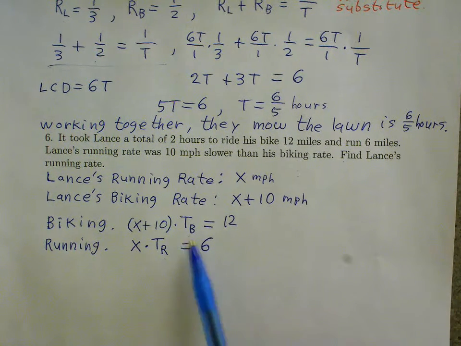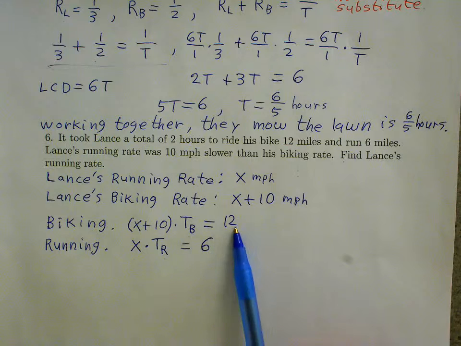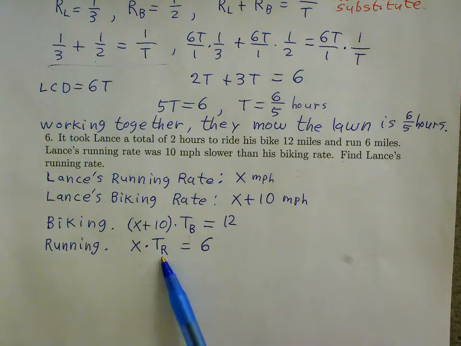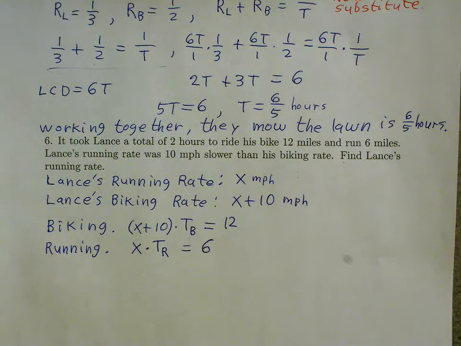We're using T sub b to represent the amount of time it took Lance to bike 12 miles. And we're using T sub r to represent the amount of time it took Lance to run 6 miles. So what must be true about T sub b and T sub r? They have to add up to 2, right?